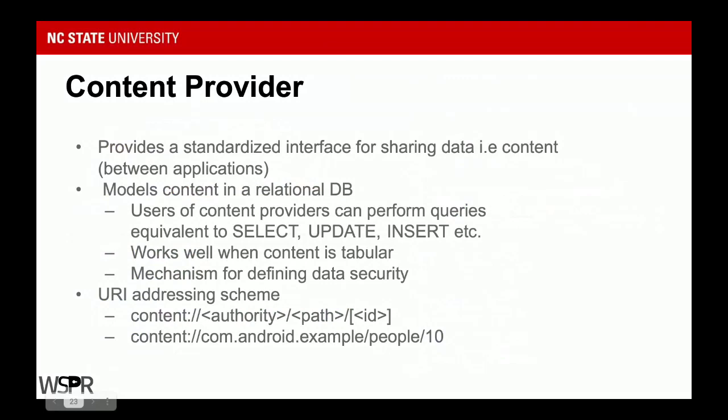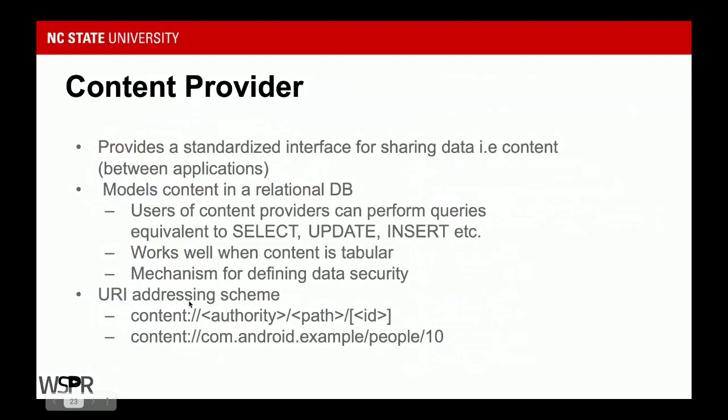When you have defined a content provider, you can access the content it provides using the content scheme. Say, for example, my app has a database with a table called people, and I want to access the element at row 10. I can access the content using the URL mentioned here.